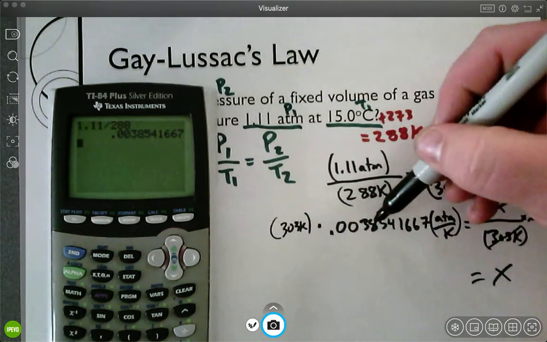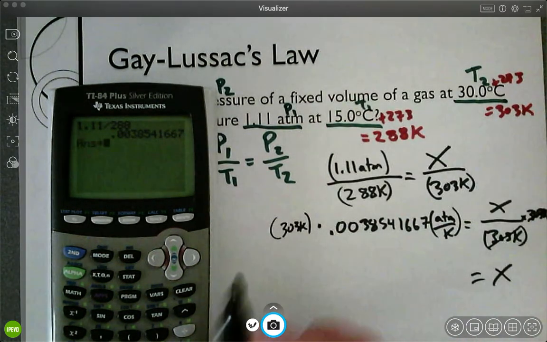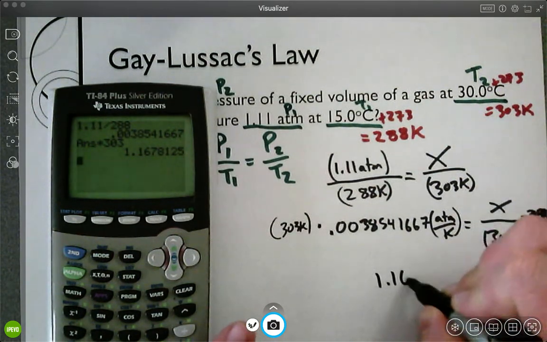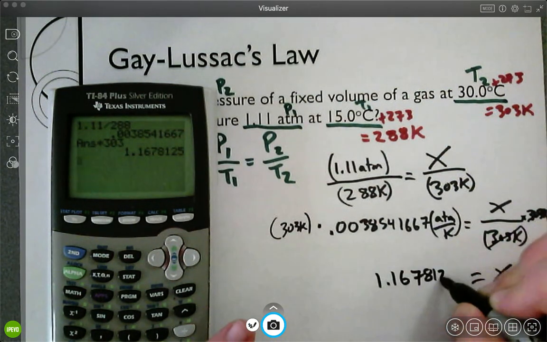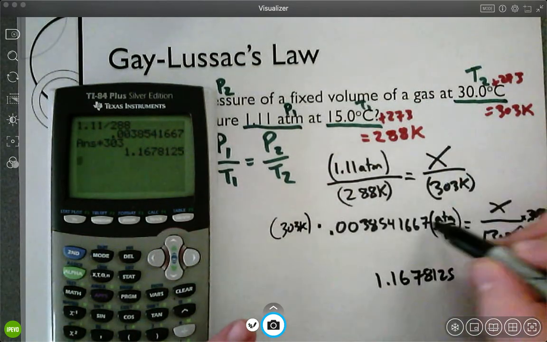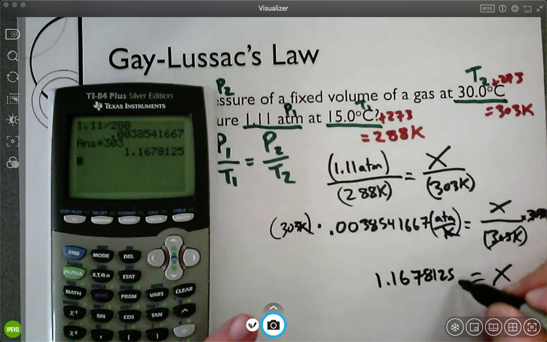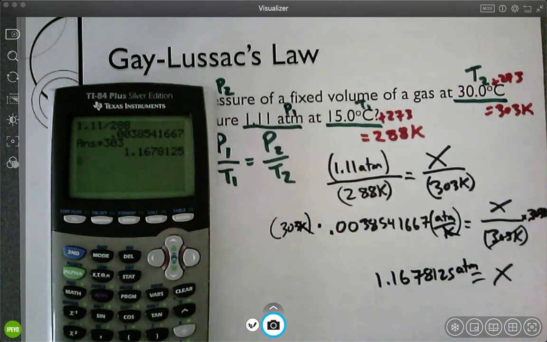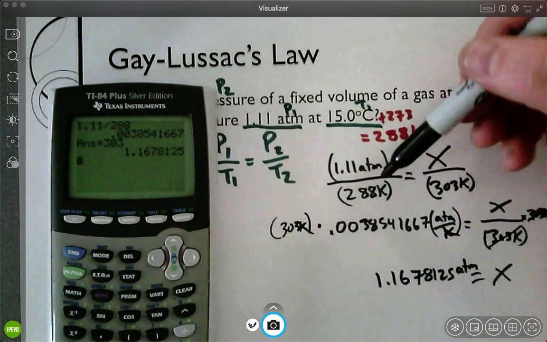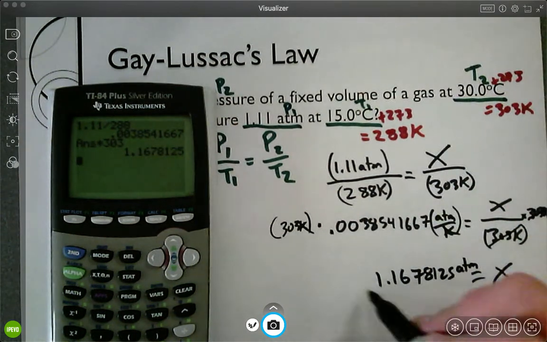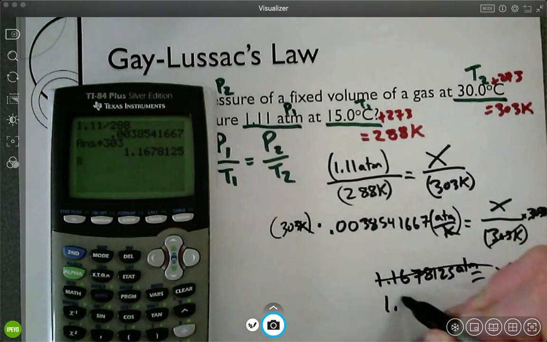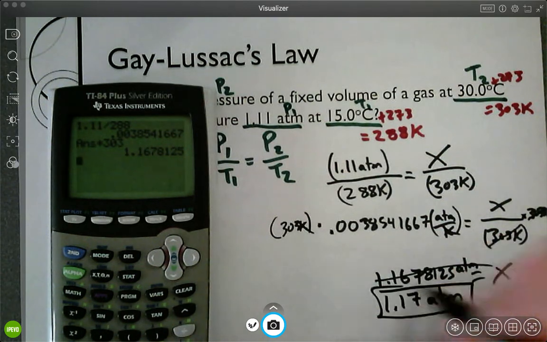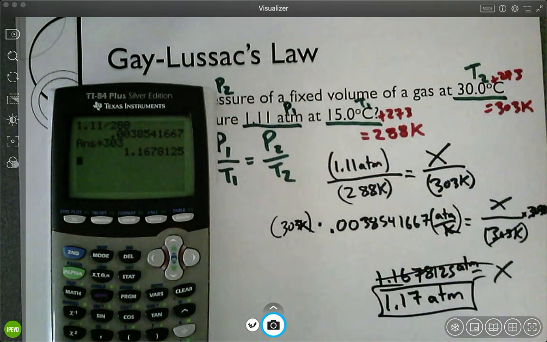So this times 303 equals 1.1678125, and then the kelvins also cancel, so we're left with just atmospheres. Okay, that's my final answer. So this had 3 sig figs, 3 sig figs, 3 sig figs, so go ahead and round that to 1.17 atmospheres. And there is my P2, the answer.